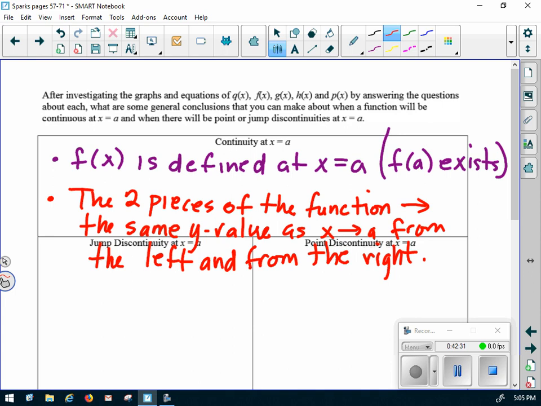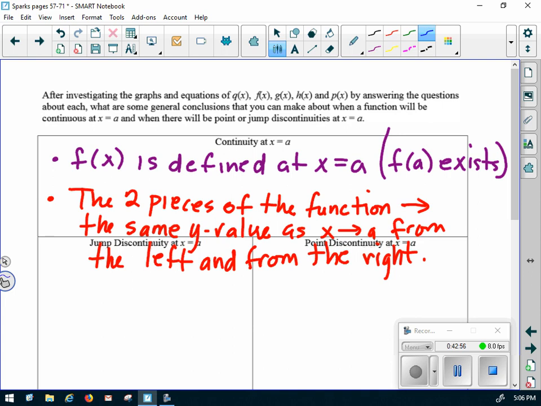Did the two pieces of the function approach the same y value as x approached -3 from the left and right? Yep. Approached 2. But the function was still discontinuous. Why? Well, it's because where the function was defined was not the same y value as the y value that the function approached from the left and the right.